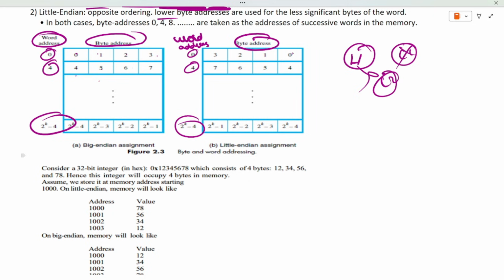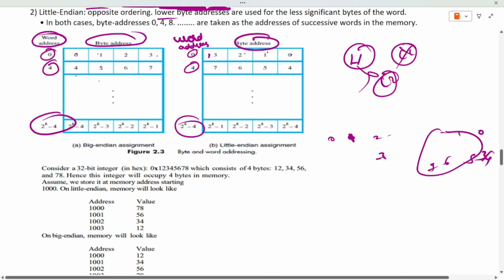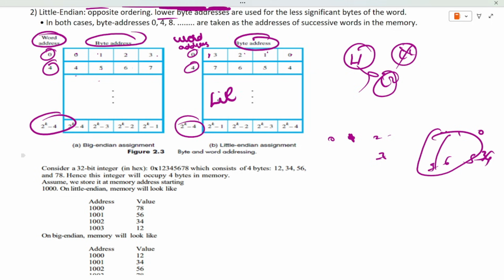This has the reciprocal 0, 1, 2, 3, and here it does not come as 4. You can see here it is 4, 5, 6 and 7, from here to here 7. Sorry, 4, then 5, 6, 7. This is the way. You have to remember, this is little Indian, I'll write lil. This is big. Now it has 2 power k minus 1.